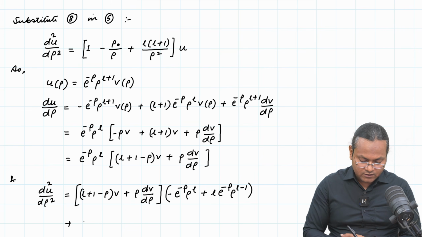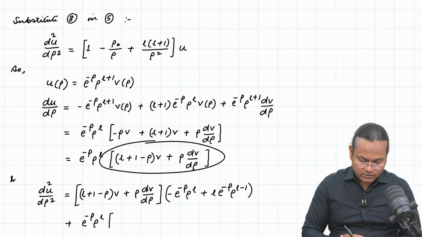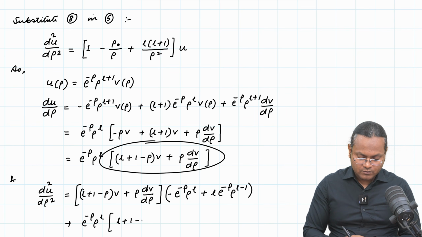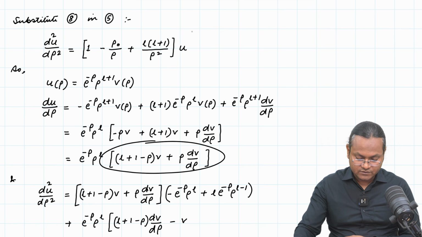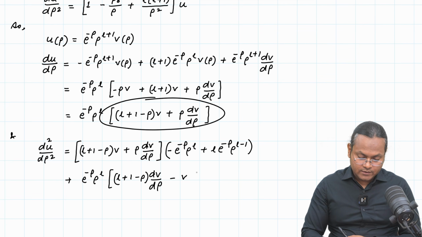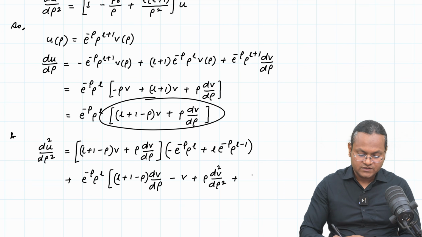And then we will have the second term, e to the power minus rho, rho to the power L. Let's take a derivative with respect to this. This will give us L plus 1 minus rho times dv upon d rho and plus V times d rho upon d rho, but it will be minus here, okay, minus V. So this is the first term, okay, and plus we have rho d2v upon d rho 2 plus dv upon d rho.